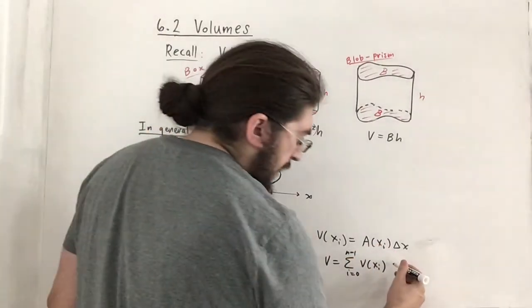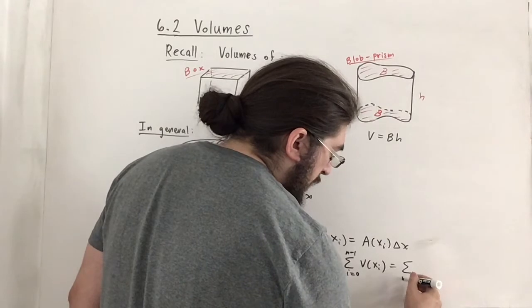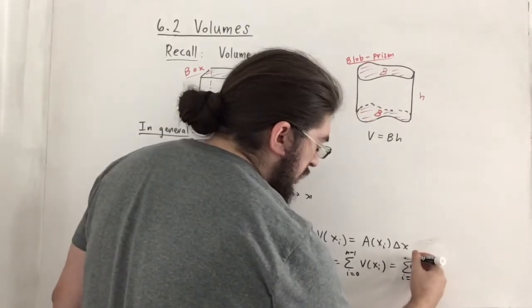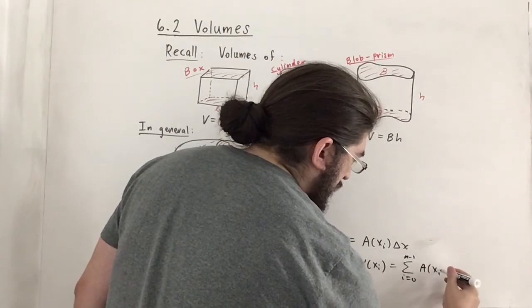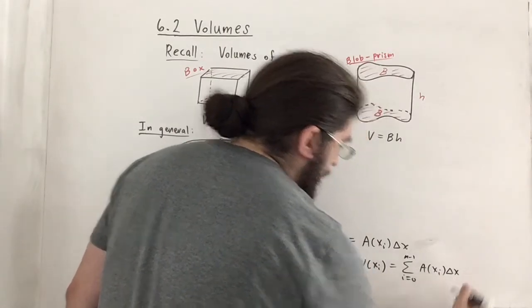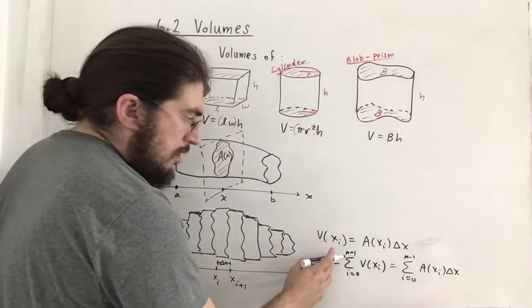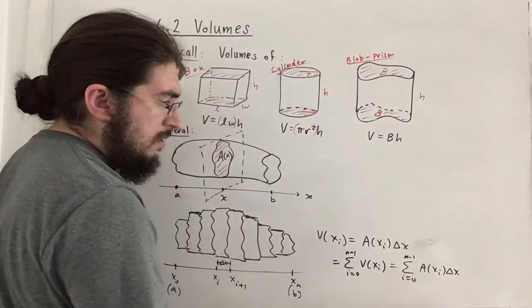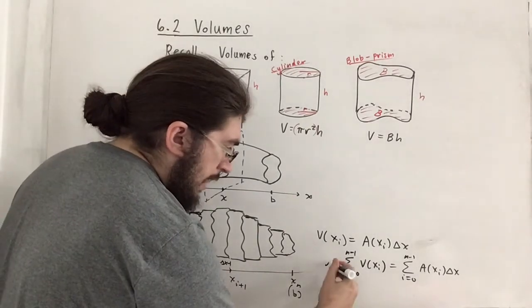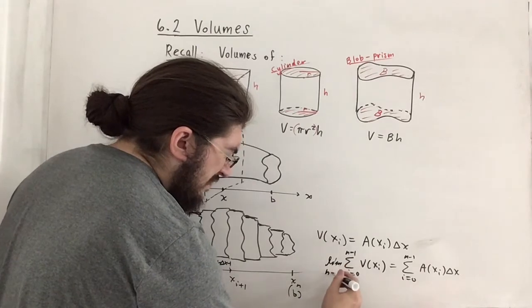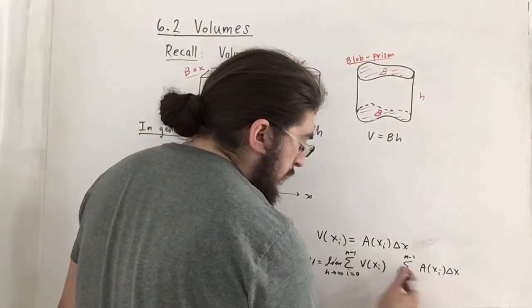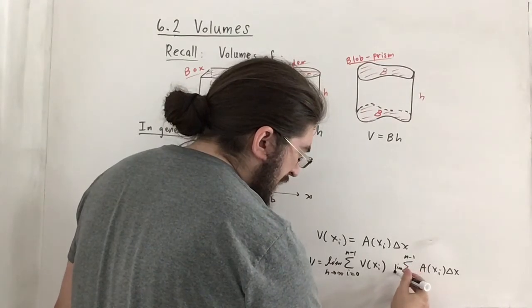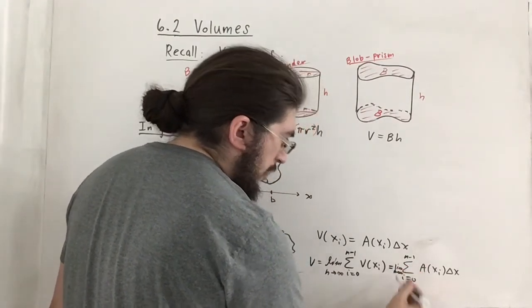So that's fine, but notice this is just the sum i equals 0 to n minus 1 of A of xi delta x. Now, this is not actually the volume, this is an estimation of the volume. But if you take the limit as n goes to infinity of this, then this is exactly the volume. So there should be a limit here as n goes to infinity, kind of written small, sorry about that.